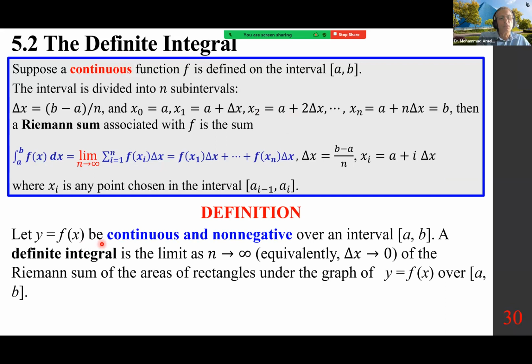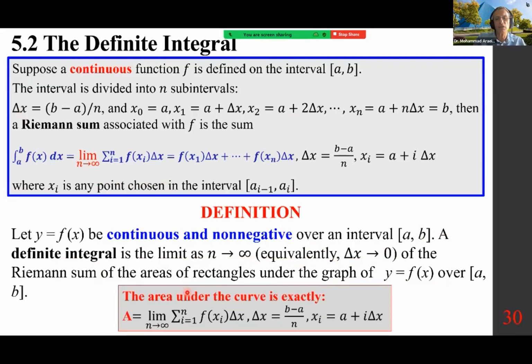Let y equals f of x be continuous and non-negative over the interval from a to b. Continuous, non-negative. A definite integral is the limit as n goes to infinity, equivalently delta x goes to 0. Whether we say n goes to infinity or delta x goes to 0, it means the same thing, of the Riemann sum of the areas of rectangles under the graph of y equals f of x over the interval from a to b.